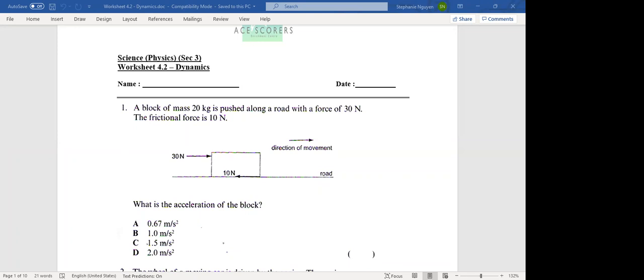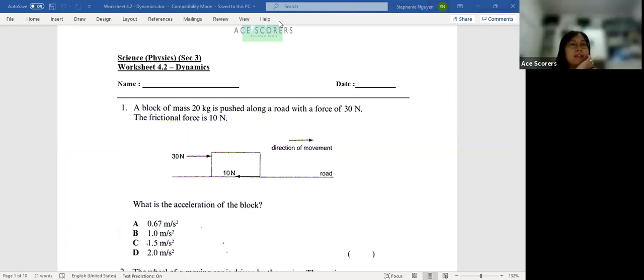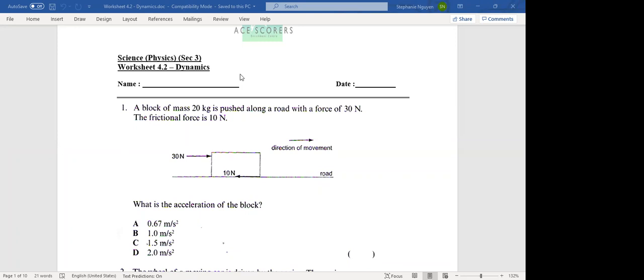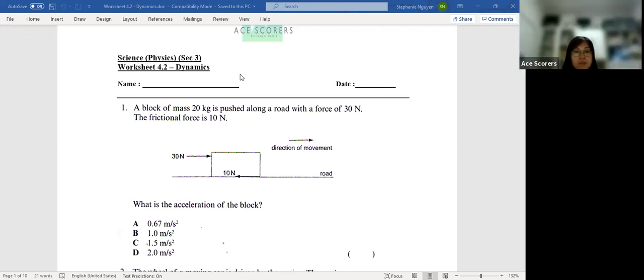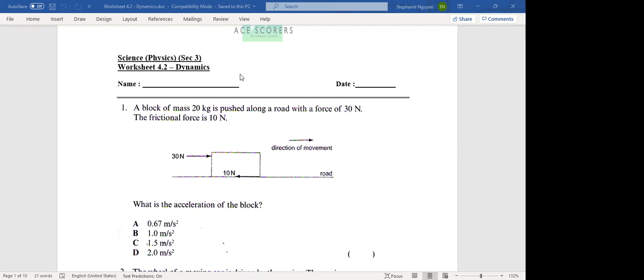Okay, so what is the answer for question 1? I put C. What is the resultant force? 20, right?